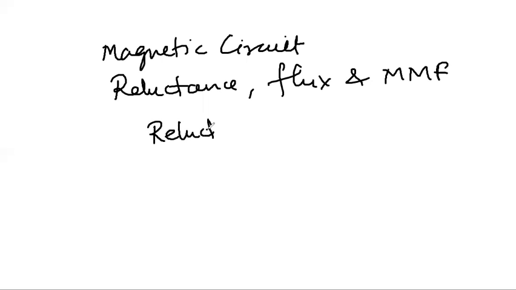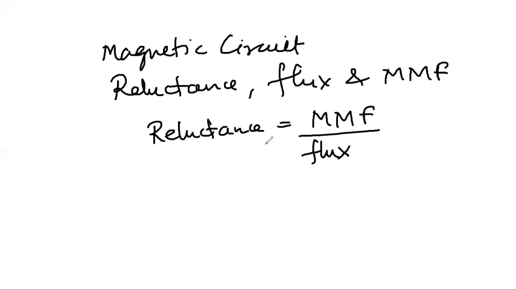So reluctance is equal to MMF by flux. Like how we have Ohm's law where resistance is equal to EMF by current or voltage by current. Similarly, in magnetic circuit, reluctance is equal to MMF by flux. That is how we got the unit of reluctance as ampere turns per Weber.